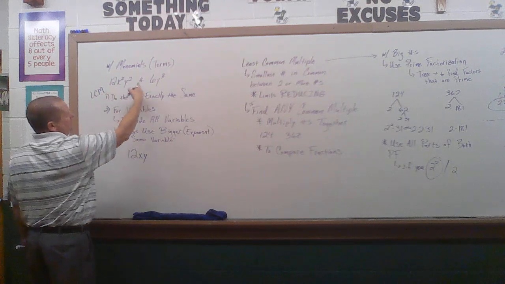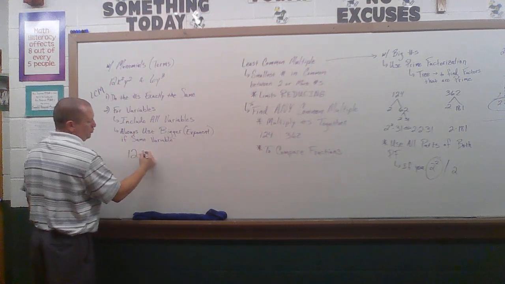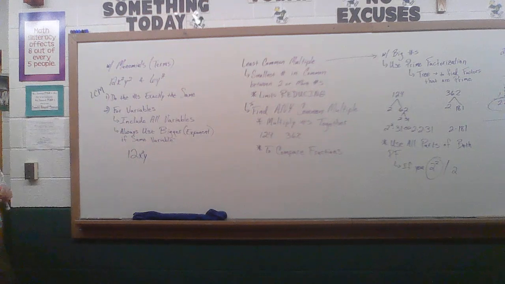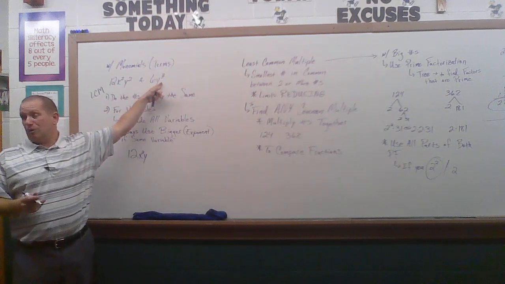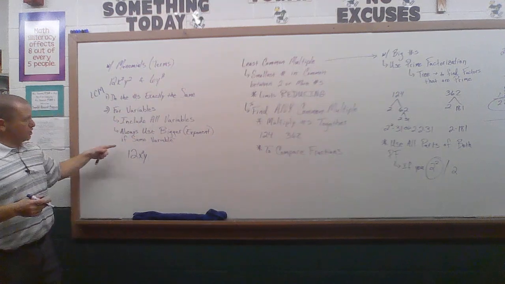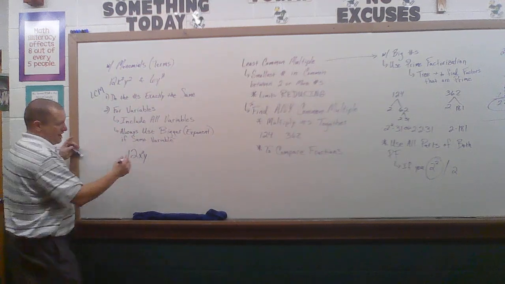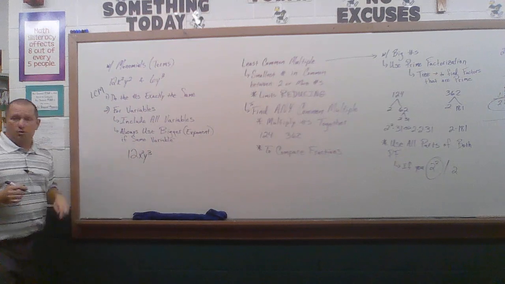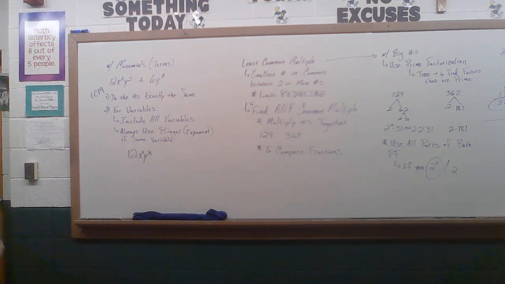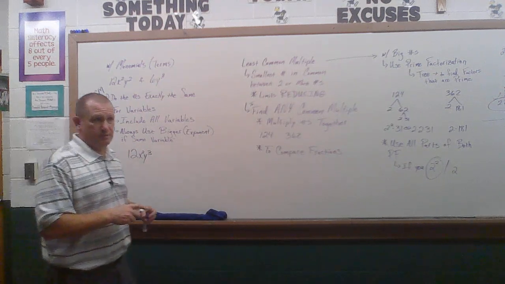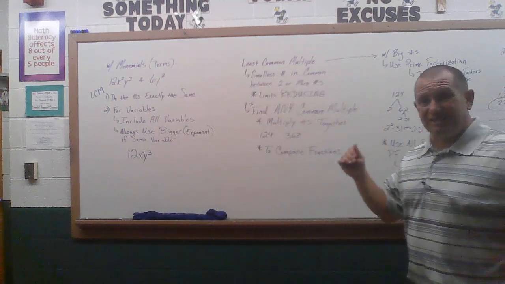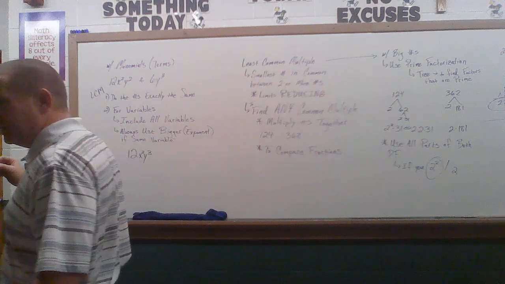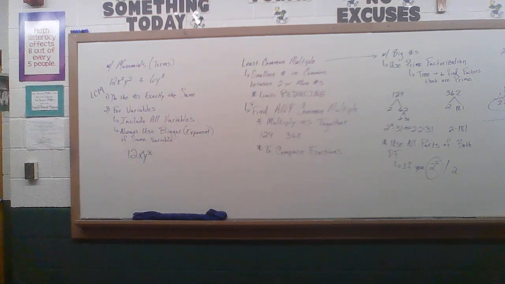I gotta have x squared, right? That's the only group of x's in the whole problem. So the only one that we really have to decide on, do I want to include y squared or do I want to include y cubed? And it's always the bigger exponent, so I'm going to use y cubed. Okay? So again, I'm going to include every single variable that's in the problem, but it's always the bigger one, meaning the bigger exponent.